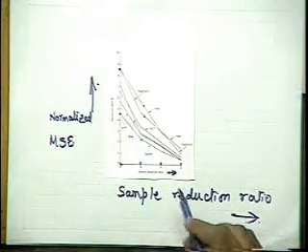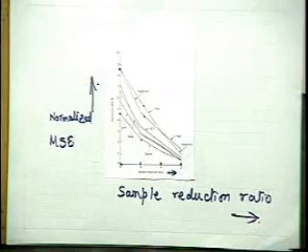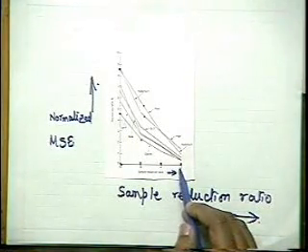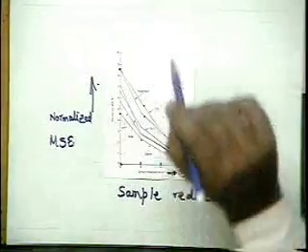When the sample reduction ratio is as high as 2:1, that means we are retaining as high as 50% of the total number of samples, then the normalized mean square error comes down to roughly 0.5% for the cosine and the KL transform. For the Hadamard transform it is roughly 1%, for the Hart transform it is nearly 2% or so.